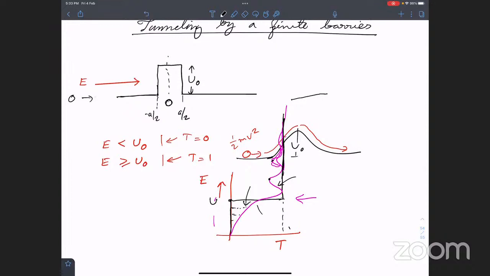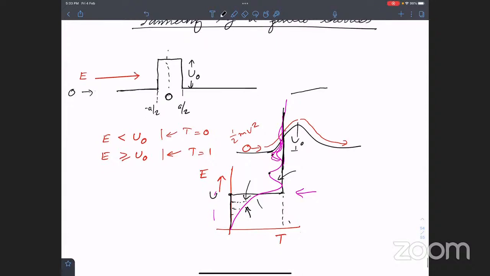Any questions, sir, on this? The classical one: if energy is greater than or equal to U naught, then transmission is always 1. If you are first increasing gradually, then reach 1? No, even if it's energy, the moment it becomes larger, it will cross over, that's all. But sir, this curve is then somewhat different from the classical one; this is quantum, purple is quantum, and the black one is straight.